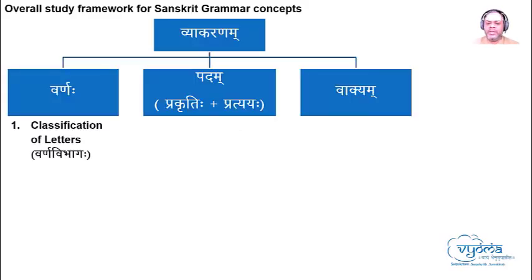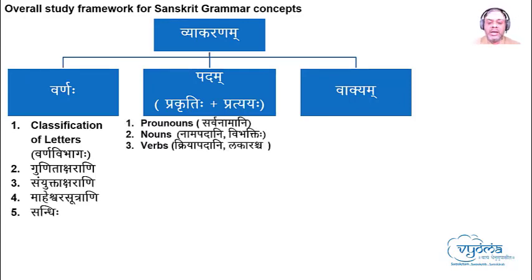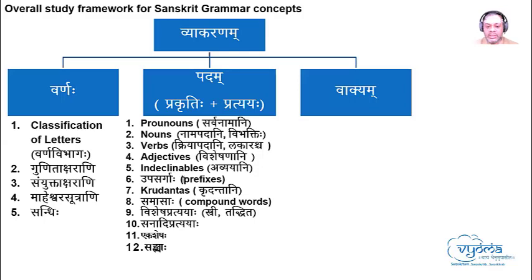With the grammar, we already saw this. We have Varnatmaka Karya, varna-related topics, where we have Varna Vibhaga, Gunitakshara, Sayuktakshara, Maheshwara Sutras and Sandhis. And we have Pada-related Karyas, where we have Sarvanama, Namapada, Vibhakti, Kriyapada, Visheshana, Avyayani, Upasarga, Krudanta, Samasa, Stri Pratyaya, Tadita Pratyaya, Sanadi Pratyaya, Ekashesha, and Sankhya.